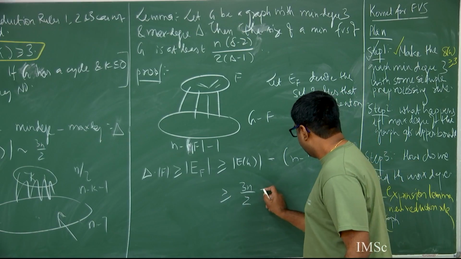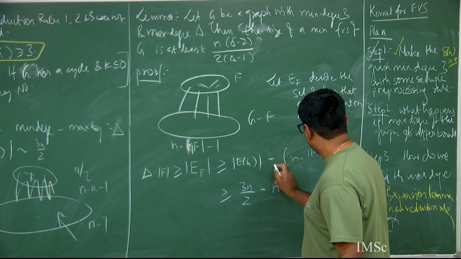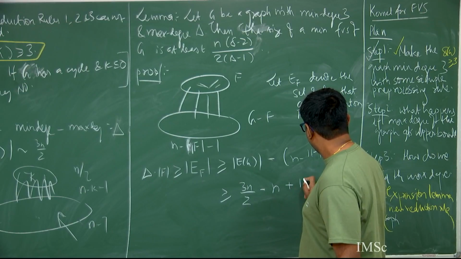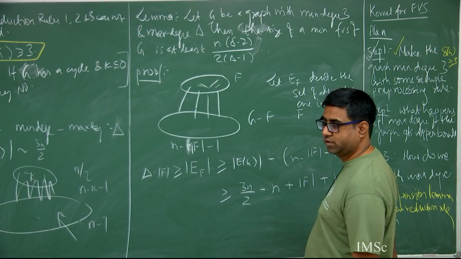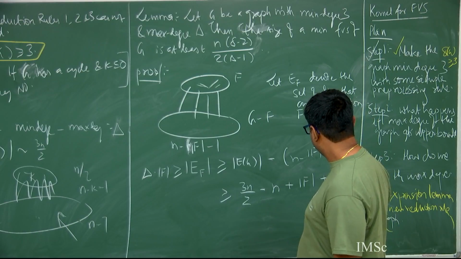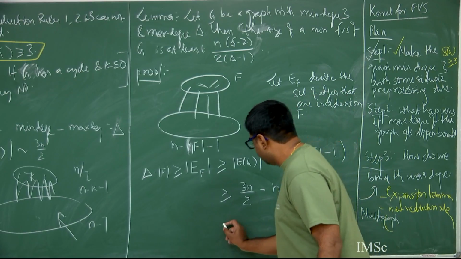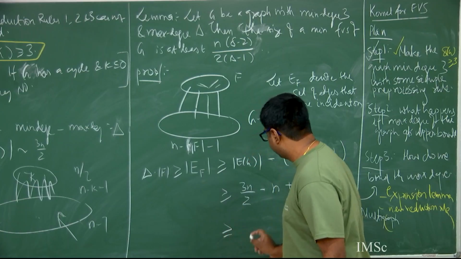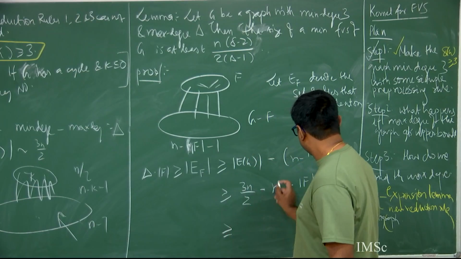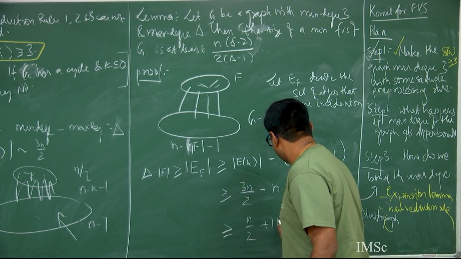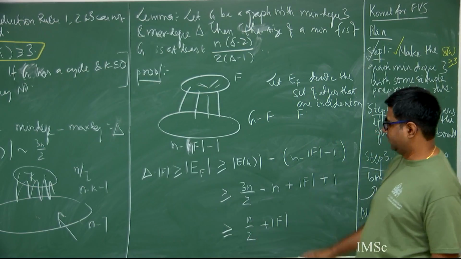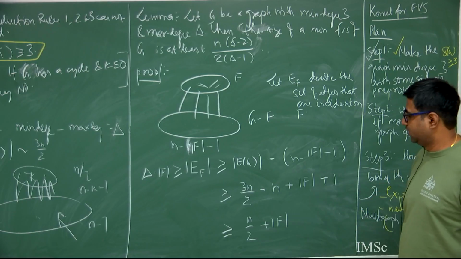And now let's subtract n, plus |F|, plus 1. Agreed? This number is at least n over 2, plus |F|, forget plus 1, because I am only saying at least.